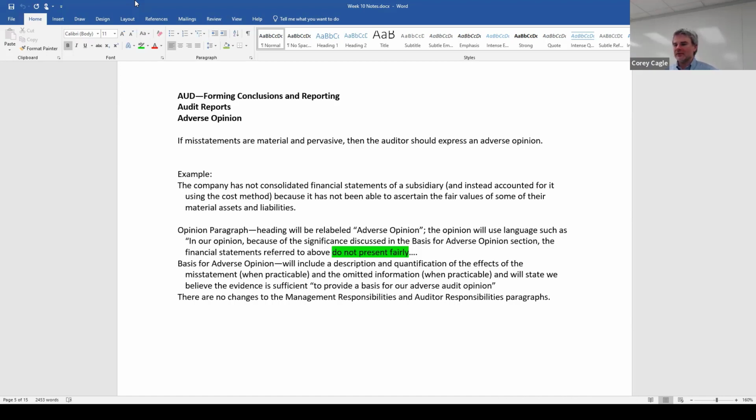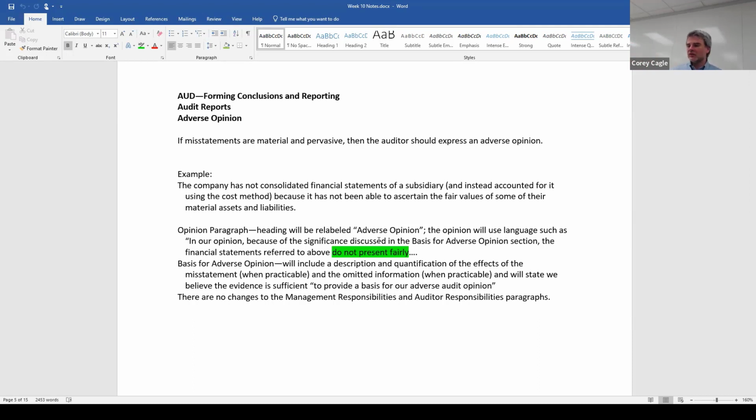The opinion paragraph will have a heading that says adverse opinion. We would say something like, in our opinion, because of the significance discussed in the basis for adverse opinion section, the financial statements do not present fairly. The key here is that with the qualified opinion, it is except for this, the financial statements present fairly. With an adverse opinion, it is they do not present fairly.